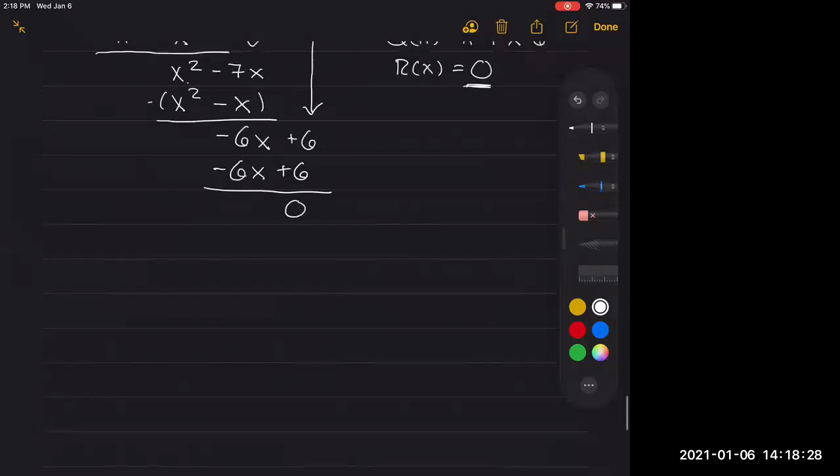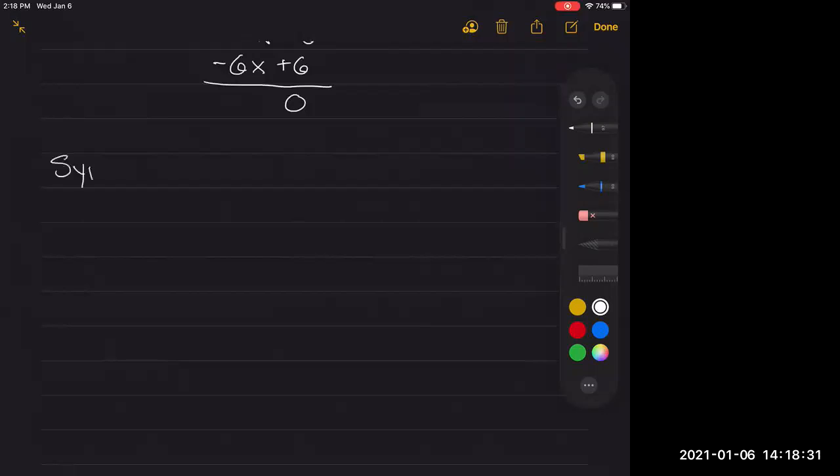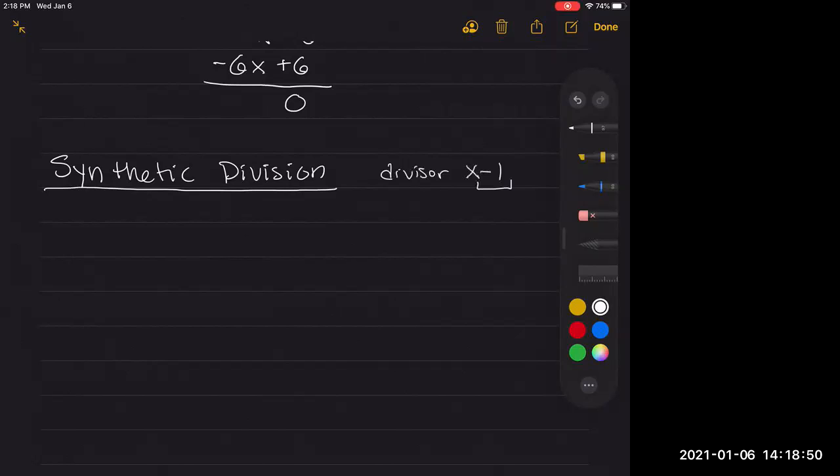All right, and now we're going to check it with synthetic division. So since our divisor is of the form x minus 1, that means this part is what we add at the beginning. So it'll be 1 with just the coefficients listed, which is, actually, I'm just going to rewrite the problem so that you guys can see and don't have to scroll back up.